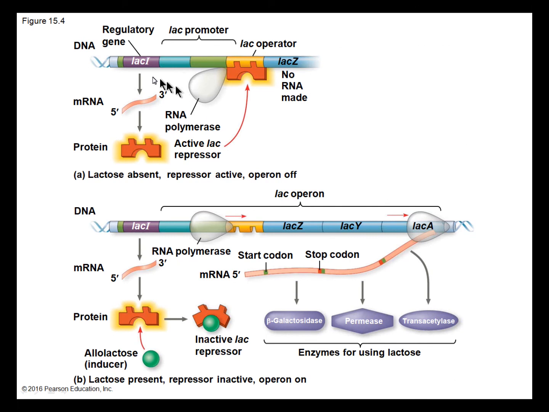In this case, the lac operon has a lac regulatory gene right in front of the operon. This gene is transcribed into messenger RNA and translated into the protein. Unlike with tryptophan, this repressor is active without anything.